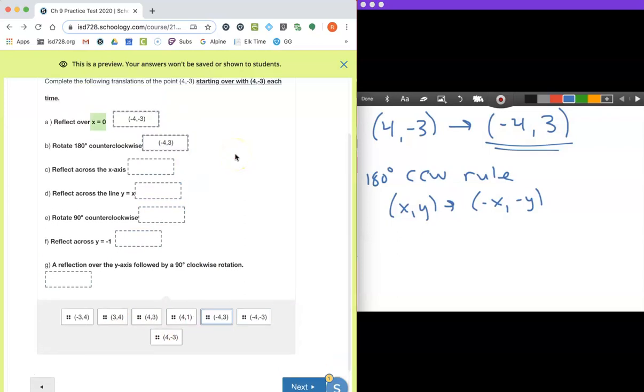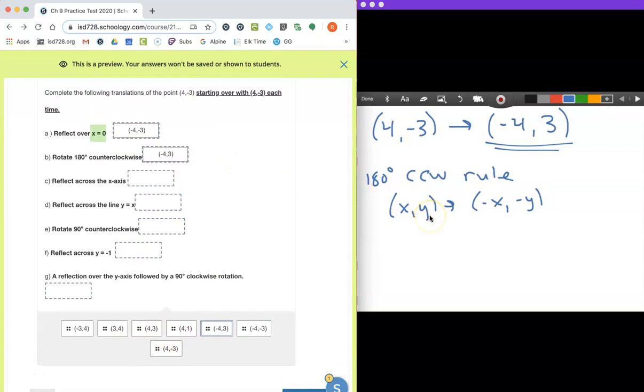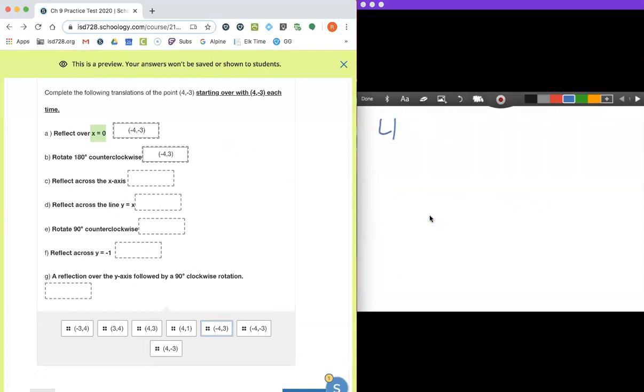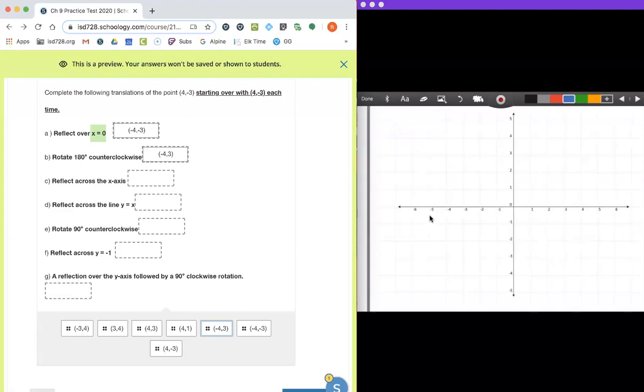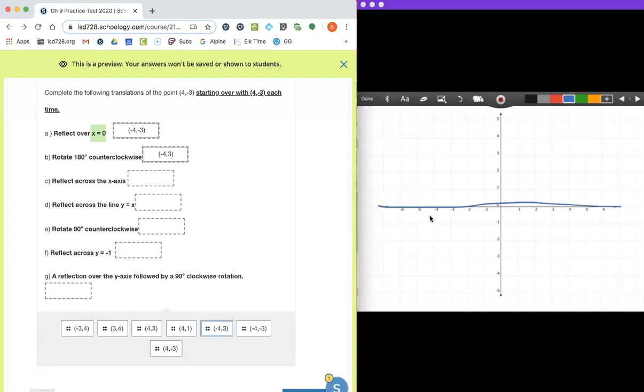Next, reflecting across the x-axis. We're going to take our (4, -3). The rule for the x-axis: we take any (x, y) and flip it over the x-axis, that's this line, which is the same as y = 0.